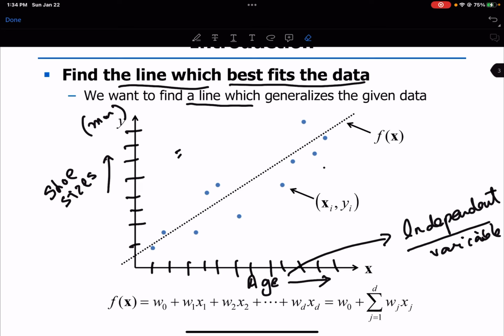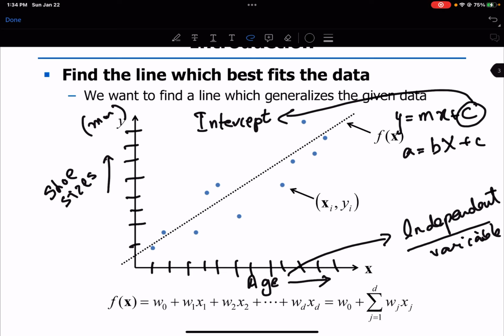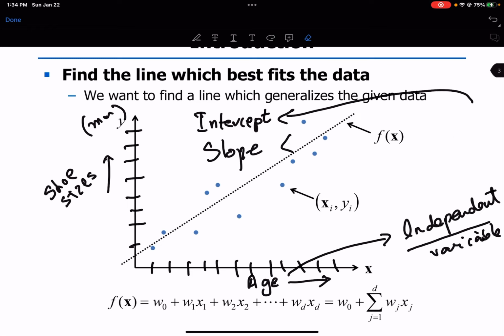For this given example, we have only one variable on the x-axis, so our equation can be represented in this format that we are familiar with, where c is your intercept and m is your slope.